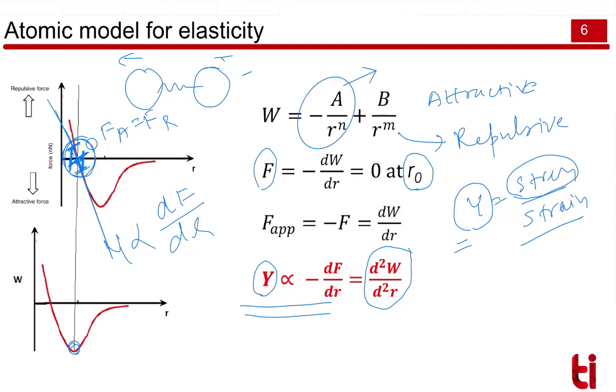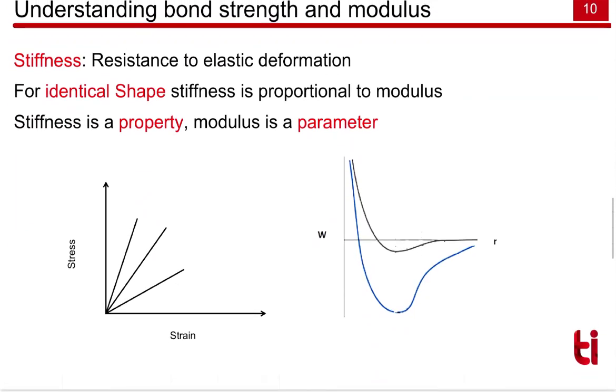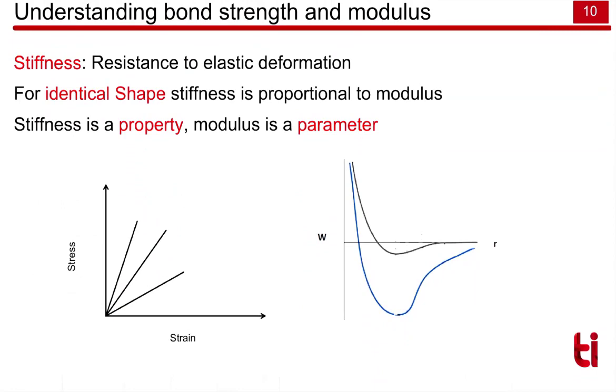Higher bond strength means higher modulus, lower bond strength means lower modulus. Now, to understand bond strength and modulus, I have shown the elastic portion of three different materials. This is material 1, this is material 2, this is material 3.